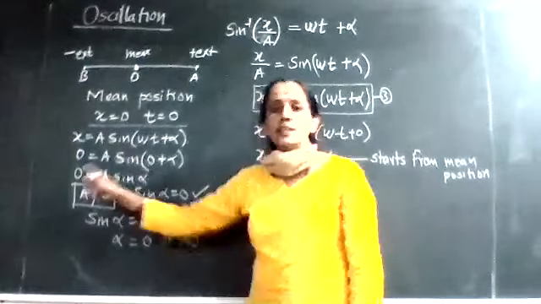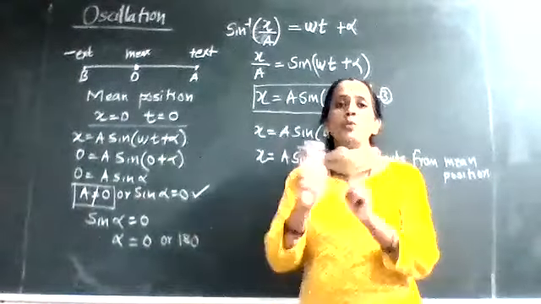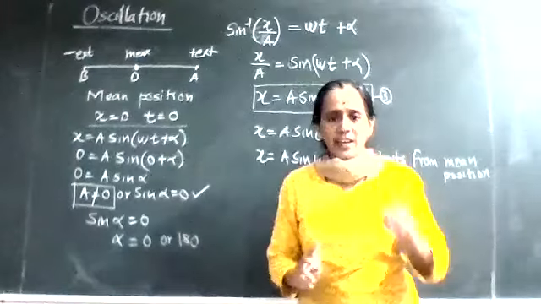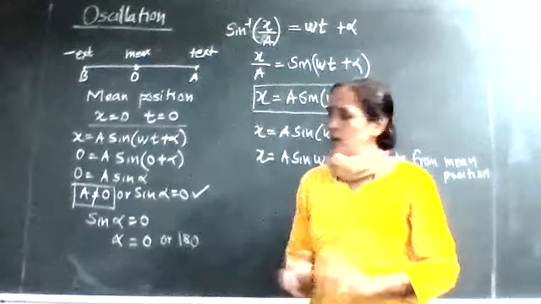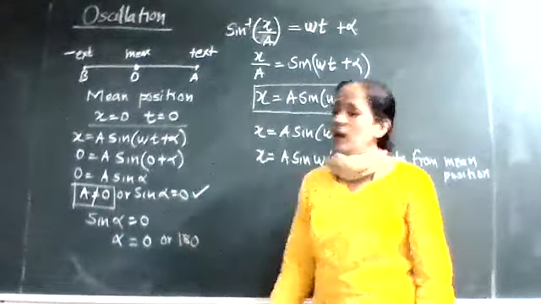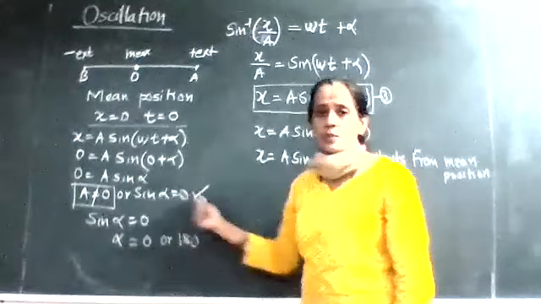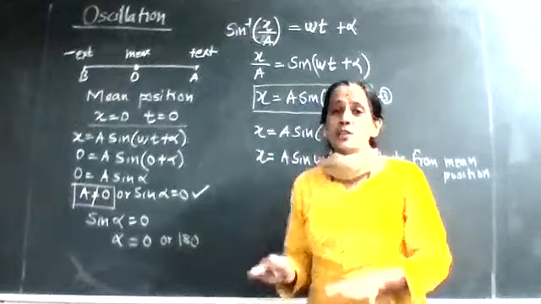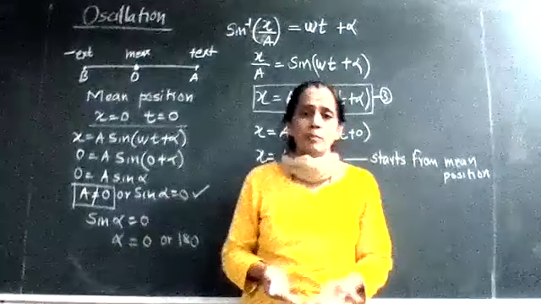This product is equal to 0. So two numbers having product and their product is 0, means either any one of the numbers must be 0. So I say that either A is 0 or sine alpha must be 0. But A is not to be 0. Why? Because A is nothing but the amplitude.